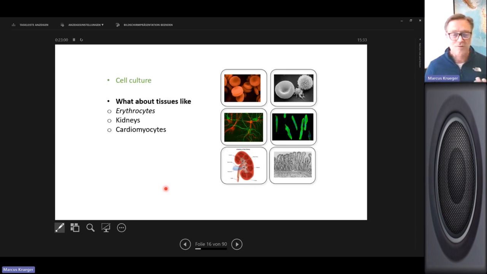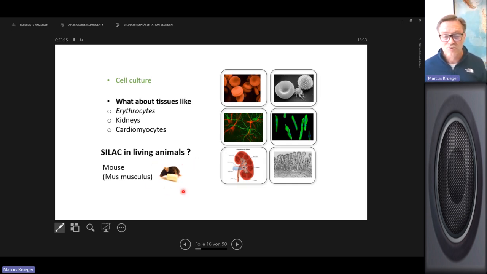And this is also what I did in the past, so we might think about SILAC labeling a living animal, right? In that case, we selected the mouse because this is probably the most commonly used model organism to study some human diseases.